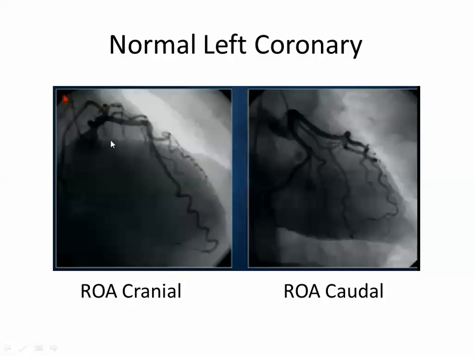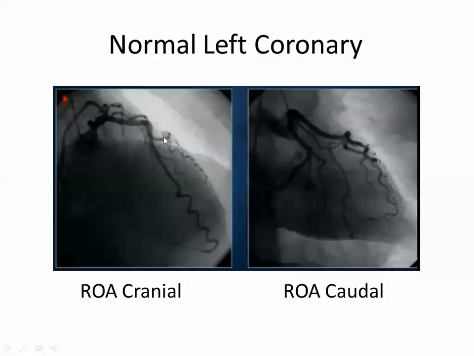Septum, anterior, apex, inferior. And this is the atrioventricular sulcus. So what will supply the anterior? LAD. And this is the diagonal. What are the branches of the LAD?